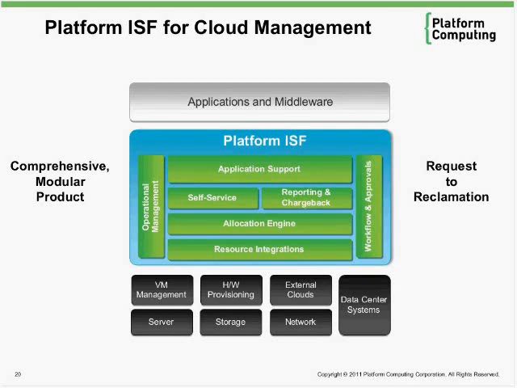Then above this allocation engine layer, a lot of technology needs to be there to interface to the applications, therefore can support the life cycle of applications, including multi-tier applications, and also operational support for reporting and chargeback, for operational management of the IT, and then for the workflow in multiple steps of provisioning resources and delivering services, including approvals that may be needed for management to control how much resource, what kind of resources can be delivered to the end users, so that it's not chaotic and a free for all.